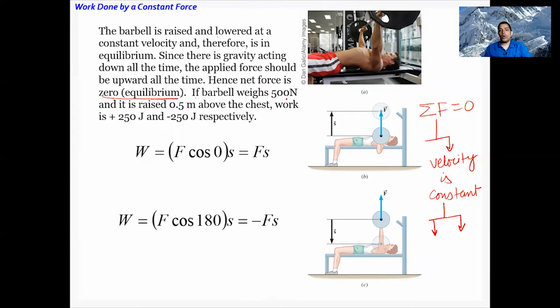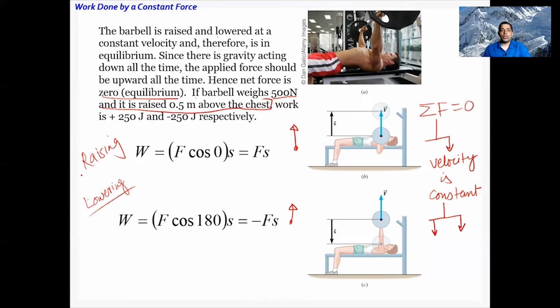So if the barbell weighs 500 Newton and the person raises it 0.5 meter above the chest, what is the work done in raising and lowering? Remember, gravity is always down. That's why applied force is always up. Applied force is up in both cases.